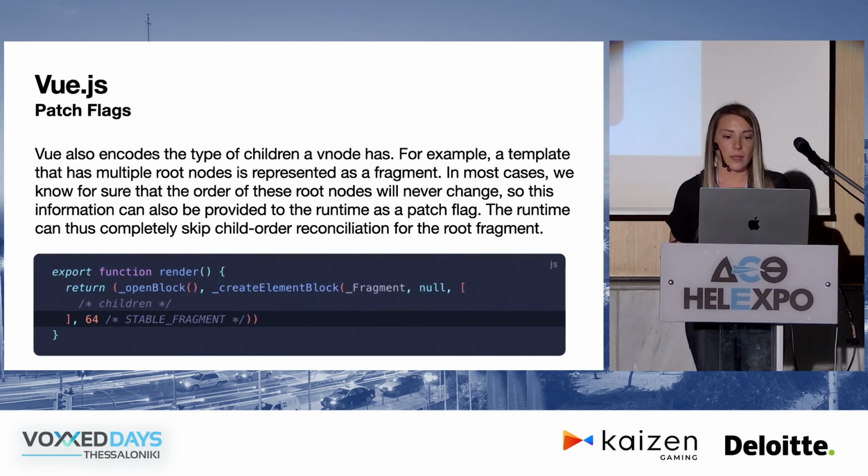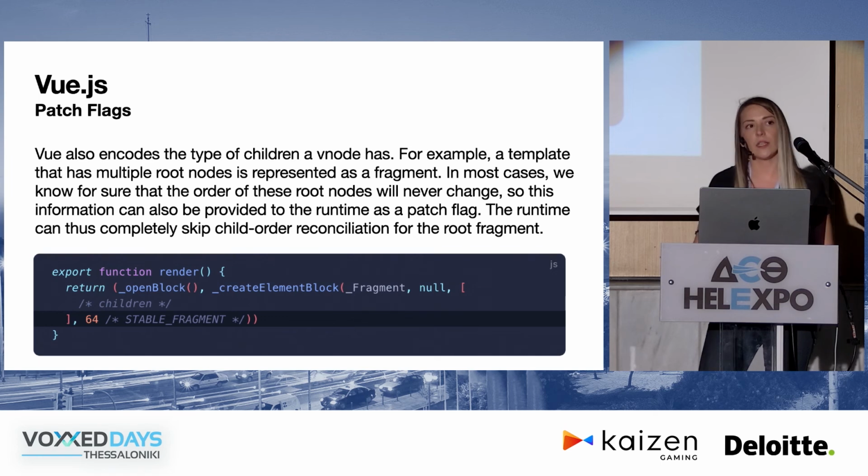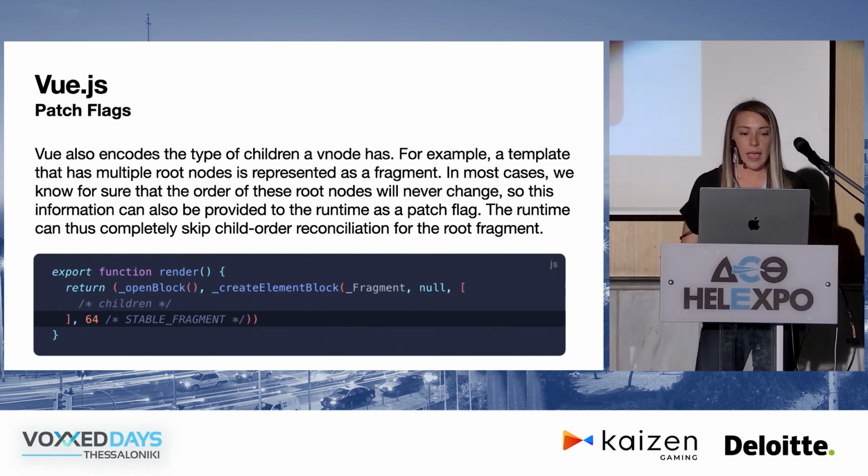Also, Vue understands when there's a fragment in the template that has multiple root nodes, and in this way, it can take the assumption that these may never change, so it leaves behind a specific patch flag for that, so it knows what it means, and it can skip any reconciliation processes that may take place.